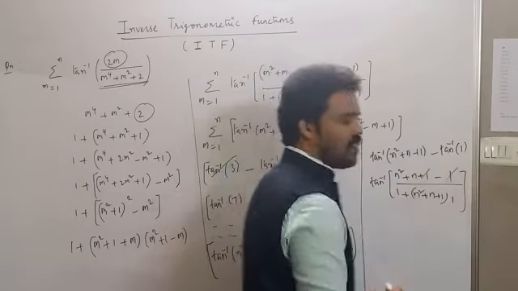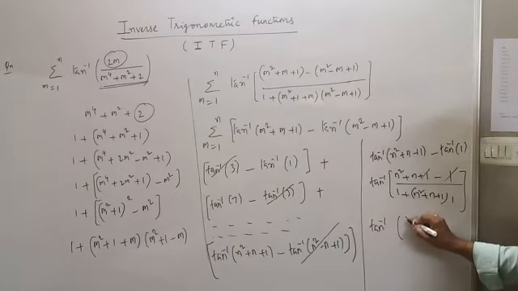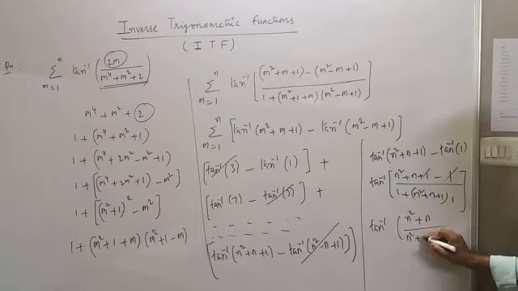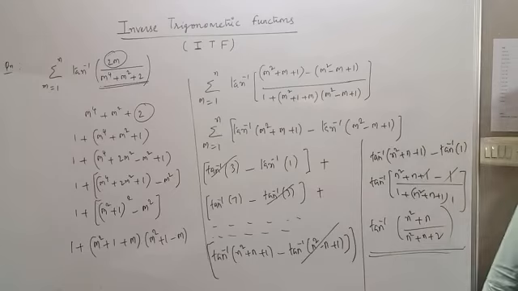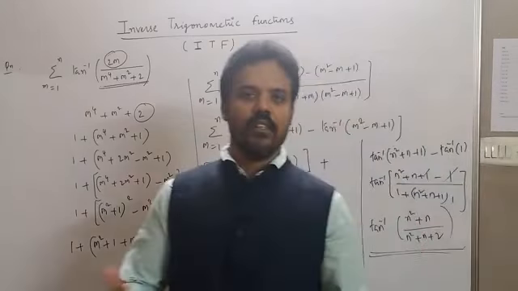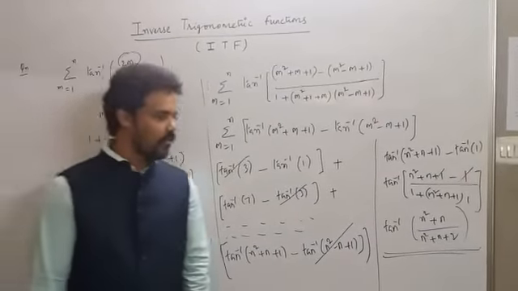Now this gets cancelled. The answer is tan inverse of n square plus n by n square plus n plus 2. This is the answer. Today I have discussed two problems, and I will discuss some more problems up to infinite series also. Right.